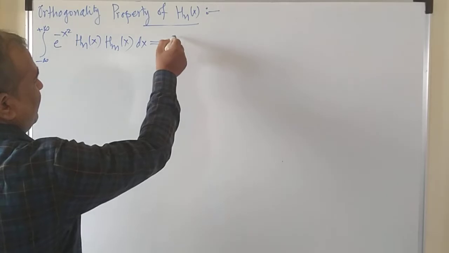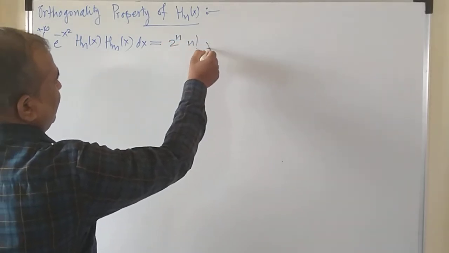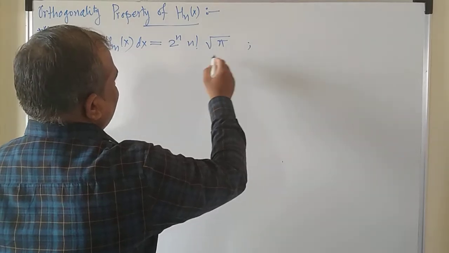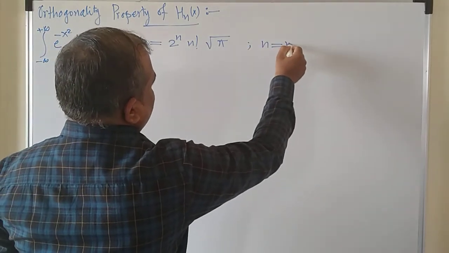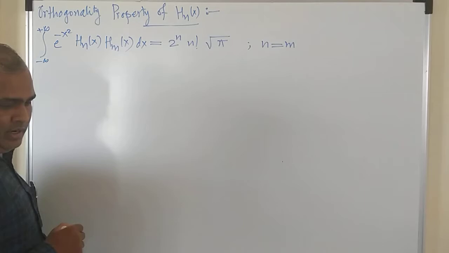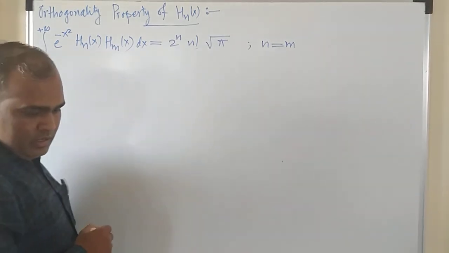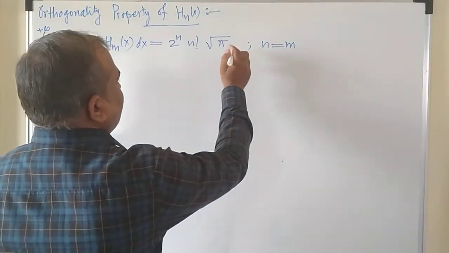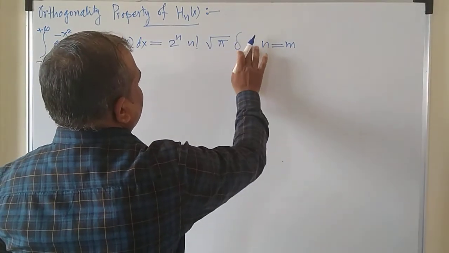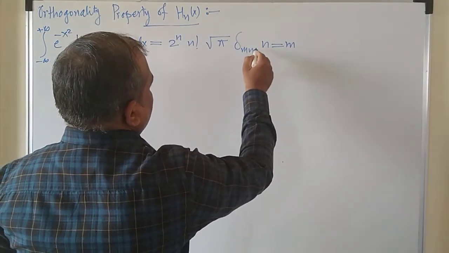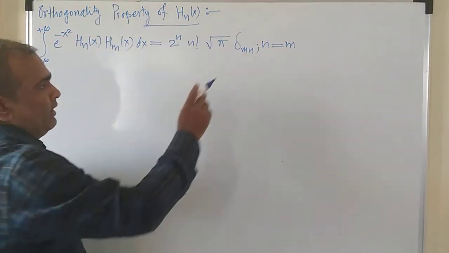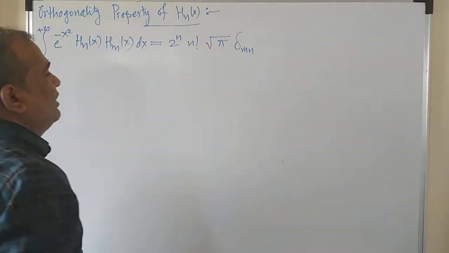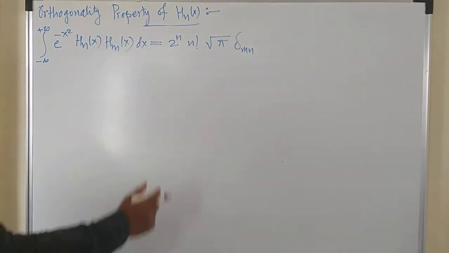2 raised to n into n factorial into square root of pi, and this property is valid when n and m are equal, into the Kronecker delta, delta mn, and of course delta mn has value equal to 1 or 0.